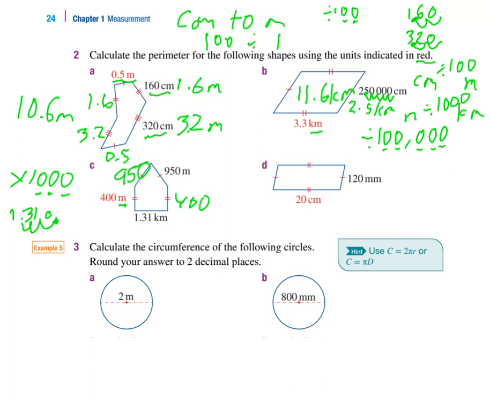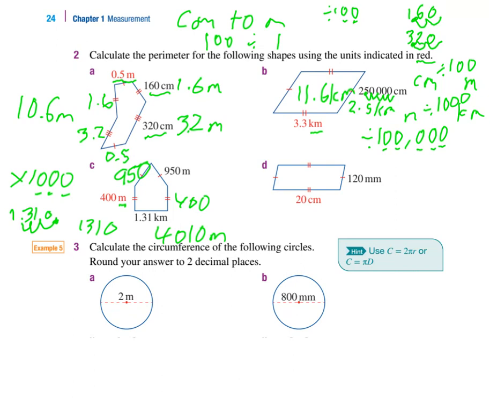You put the 0 there, it changes the number to 1,310 meters. And then if you add up all your values, 2 lots of 950, 2 lots of 400, and your 1310, put that all in your calculator, you end up getting 4,010 meters as your answer.